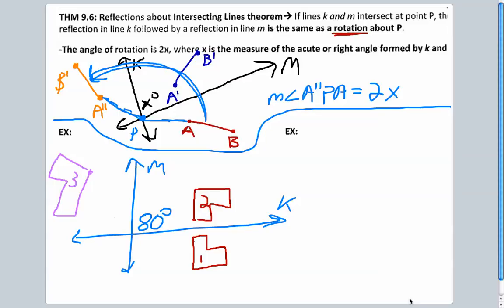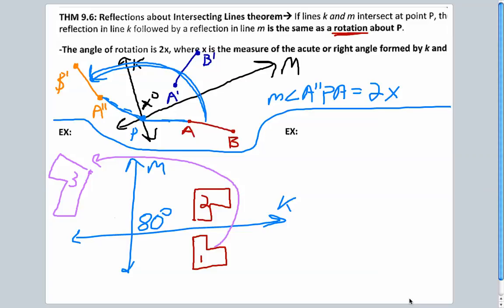And this is the same as rotating picture 1 all the way around to 3. If I could draw halfway decent, you would see that that was the same as the rotation. And my question then is, how do I get from 1 to 3? How many degrees, or what one transformation, gets me from 1 to 3?